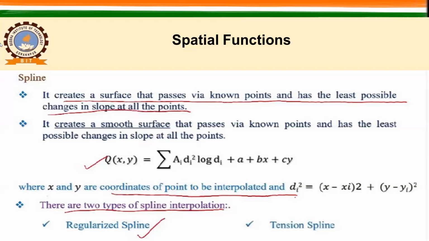Spline can be performed using this equation, where x and y are the coordinates of the point to be interpolated, and di square is basically the square of x minus xi plus the square of y minus yi. So this can be used to apply the spline for smoothing any given data. There are two different types of interpolation in spline. The first one is regularized and the second one is tension spline.